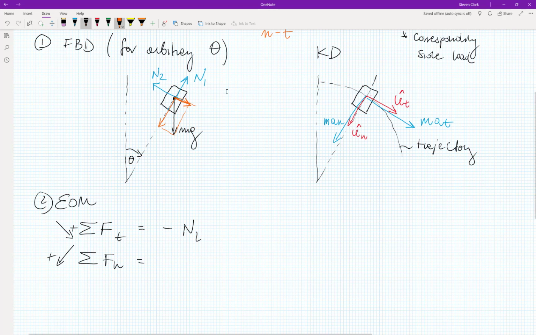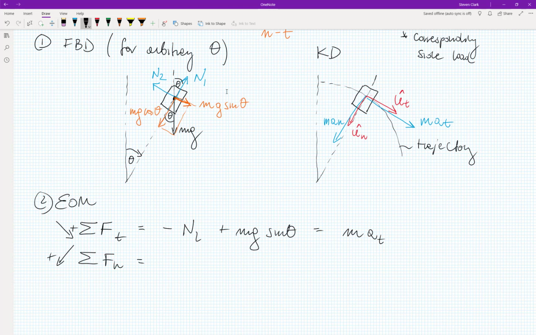And where is theta? Wait a second. So theta will be here probably, and if this is the case, theta will be here also. So that component will be, if I am not mistaken, mg sine theta, and mg cosine theta, right? So this will be plus mg sine theta. And that's all.